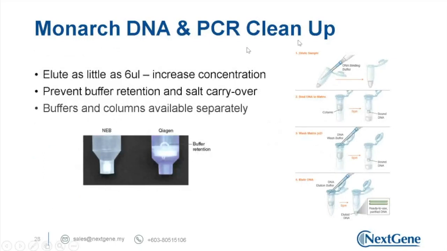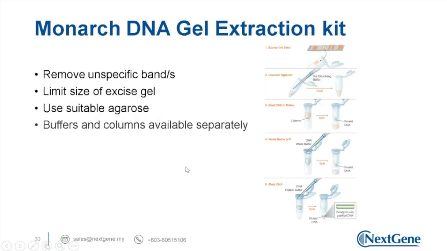For normal PCR cleanup, maybe we are able to recover 90% or 85% of the bands that we actually loaded. So we can easily recover most of the PCR products that we want to clean up. But for gel, sometimes the efficiency of binding and all that is lower. We might lose more DNA fragment when we perform gel extraction.